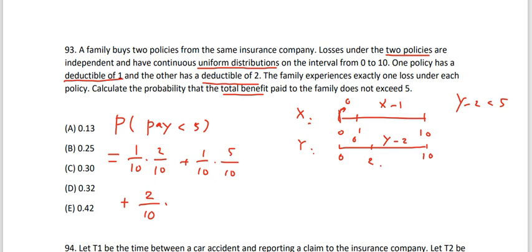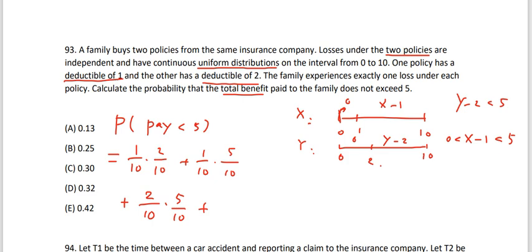Then x has a payment: x larger than 1, and x minus 1 less than 5, so x is between 1 and 6. So this is 5 over 10.